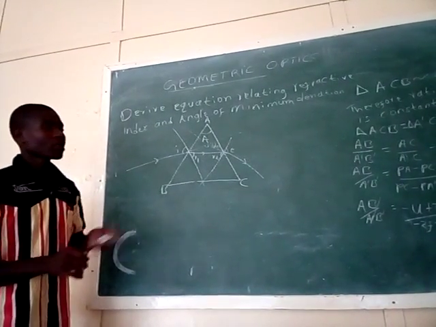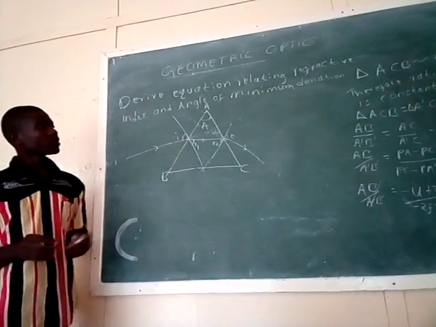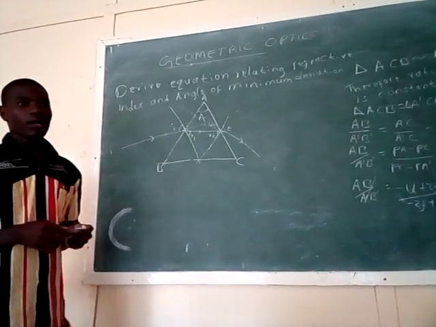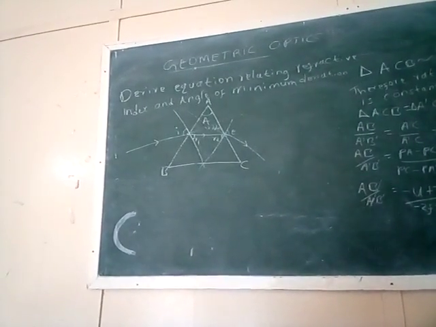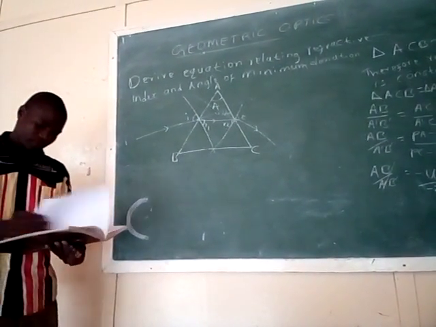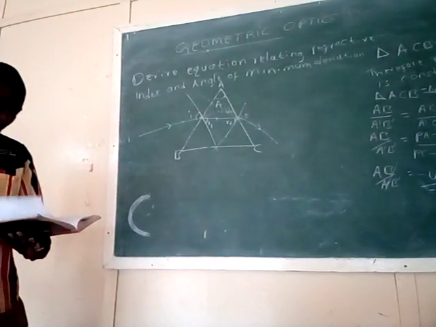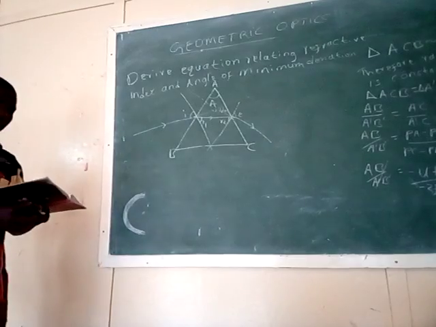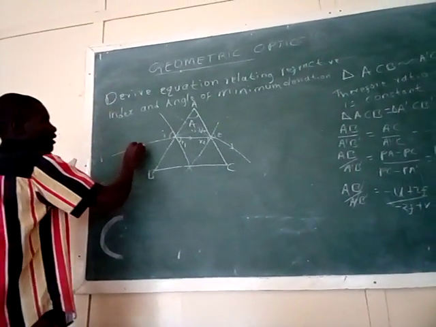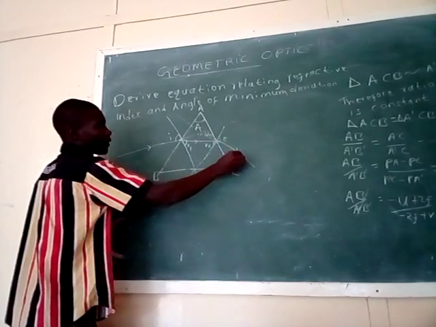Angle of deviation is the angle between the direction of the incident ray and the emergent ray. So you see the direction, the angle between the direction of the incident ray, which is moving straight, and the emergent ray.